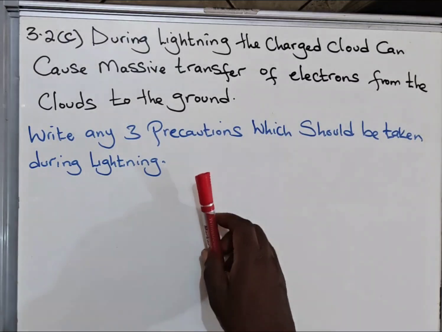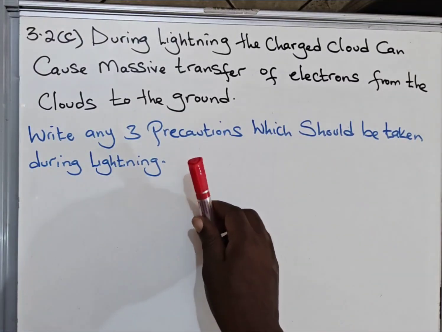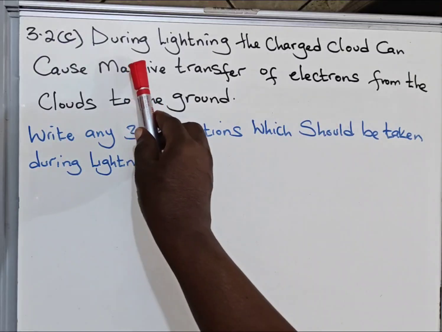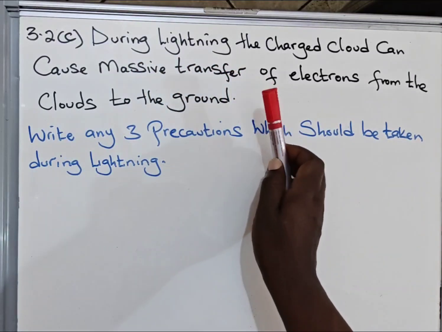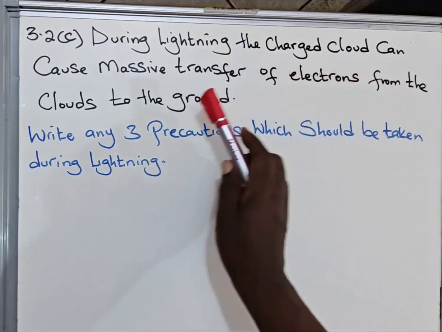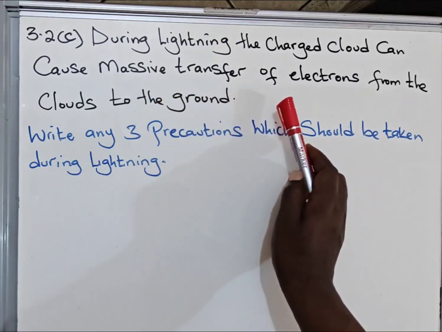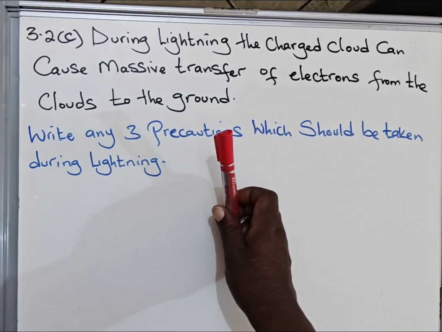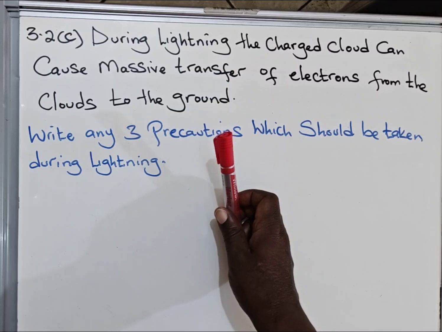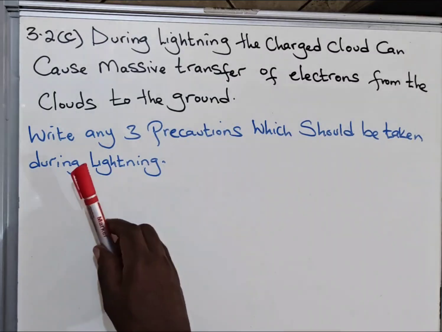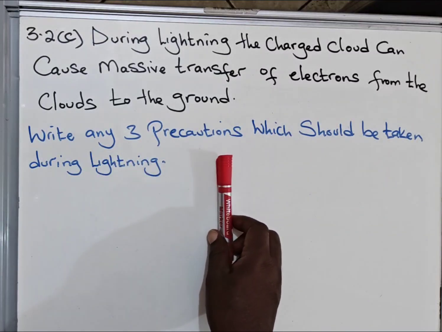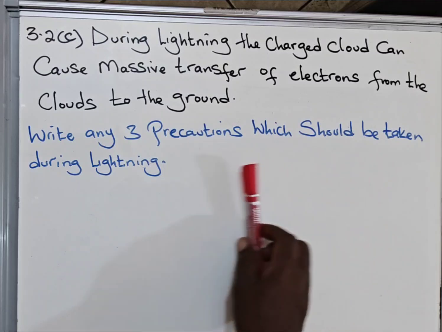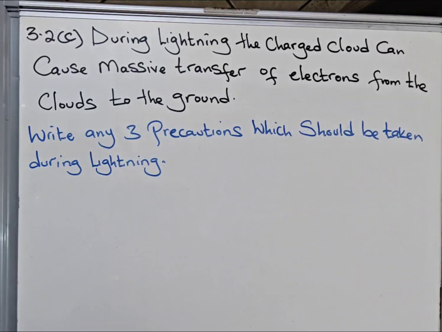So we come to this one. It says that during lightning, the charged cloud can cause massive transfer of electrons from the cloud to the ground. Then they say write any 3 precautions which should be taken during lightning.